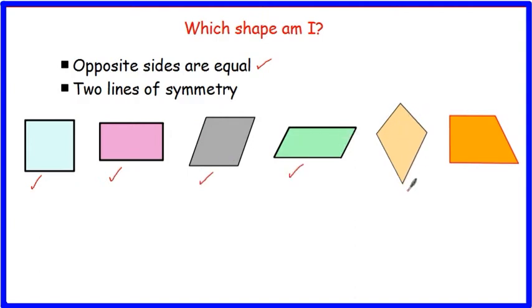Opposite sides are equal. Okay, so let's cancel the one down. Let's pick this one. 2 lines of symmetry. Well, this one's got 4 lines of symmetry. This one has 2 lines of symmetry. This one has 2 lines of symmetry. This one has no lines of symmetry. So my answer is a rectangle.